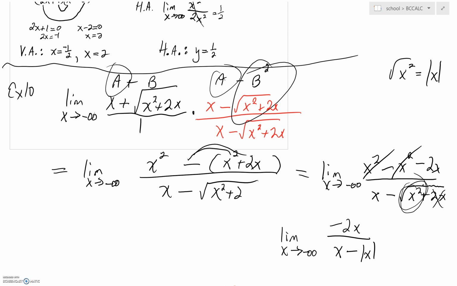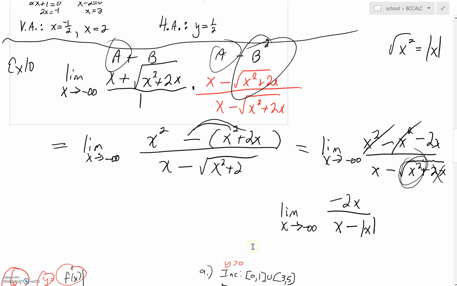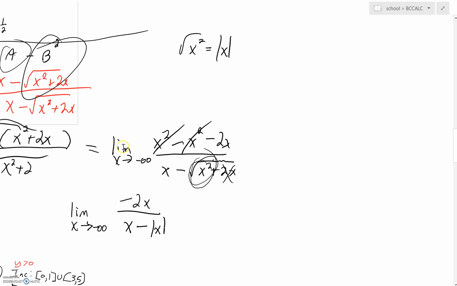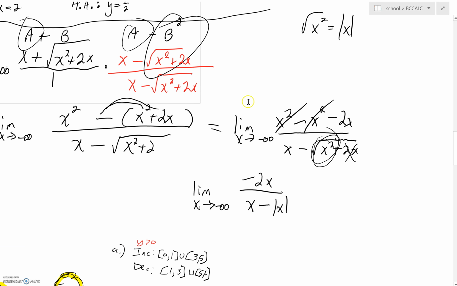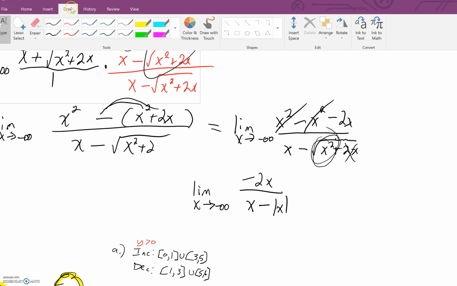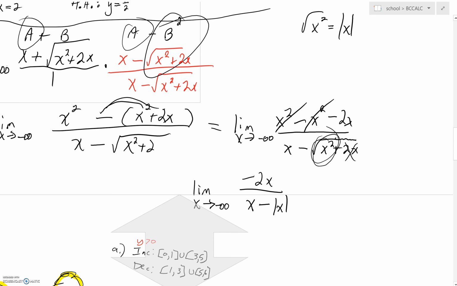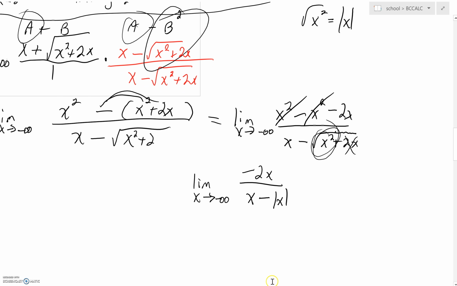Now, I can keep going, and the really cool thing is at this point we can really benefit from getting a little bit of help with the absolute value function. I'm going to give you a little bit of a reminder.